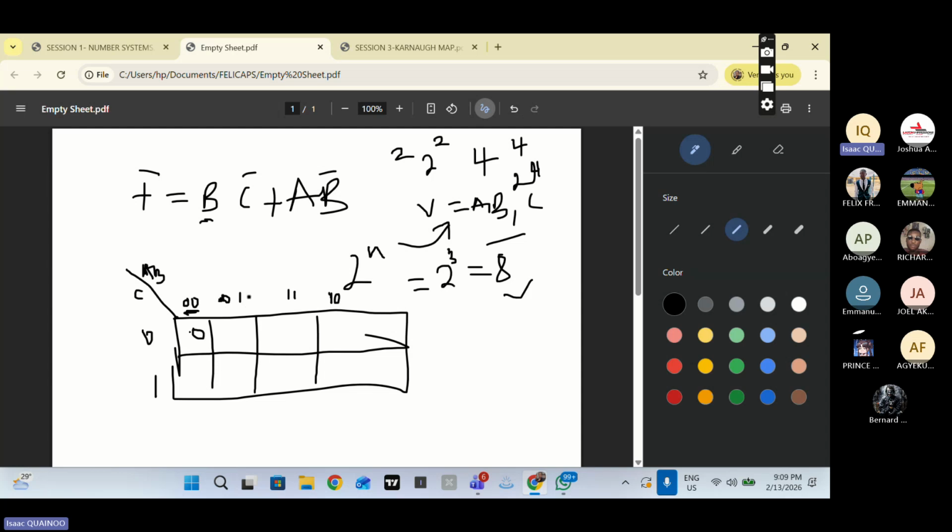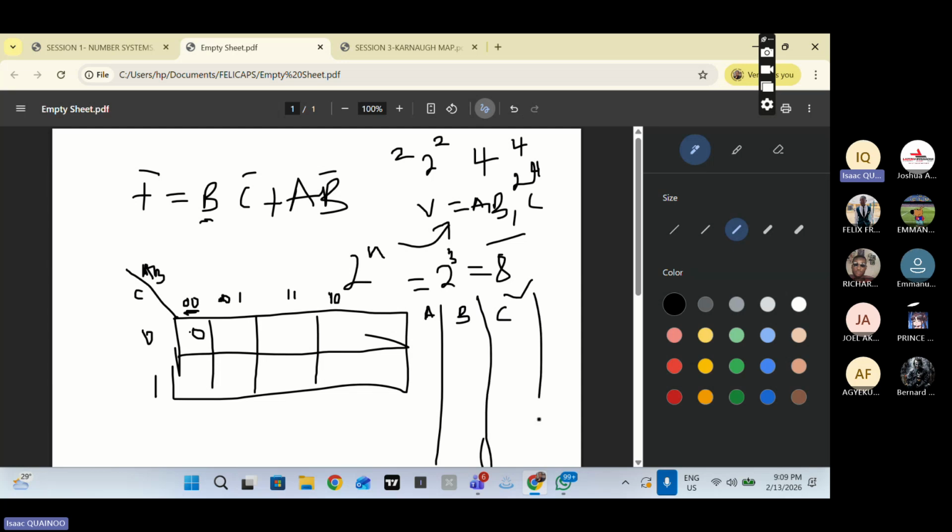Then you have where AB is 0, 1. Let me just illustrate this briefly, then we close. So we have A, we have B, we have C, because the variables are 3. Then we have their corresponding F value. Let's give just a few examples.